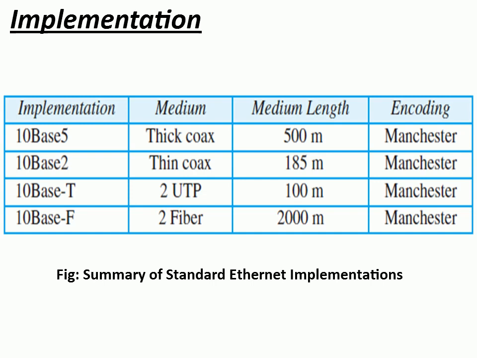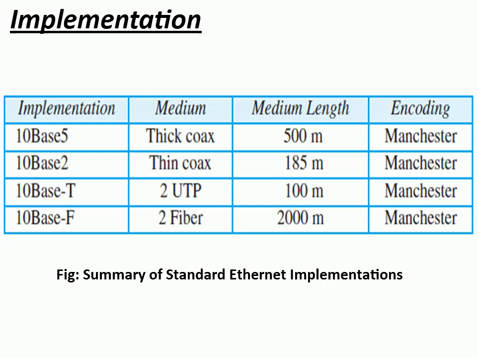That is the meaning. Next comes Base. Base indicates it's a baseband signal, that is, a digital signal. And the next one is X. The X indicates either the maximum size of the cable or the type of cable. So in this table, the first implementation is 10Base5. What is the meaning of 10? That indicates the data rate, 10 Mbps. What is the meaning of Base?